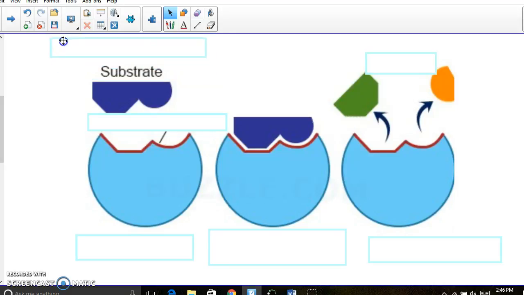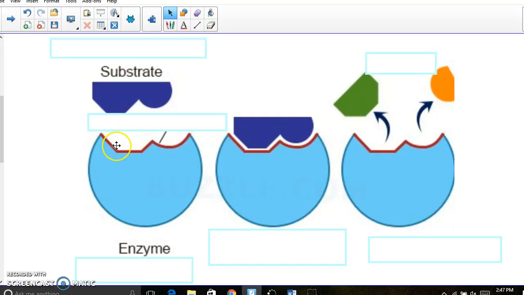So we're starting with reactants. And in this case, since it's binding to an enzyme, since it needs an enzyme, it has a special name. It's called a substrate. So the substrate is the reactant. And see the shape of the reactant, the substrate? It fits perfectly to this enzyme.